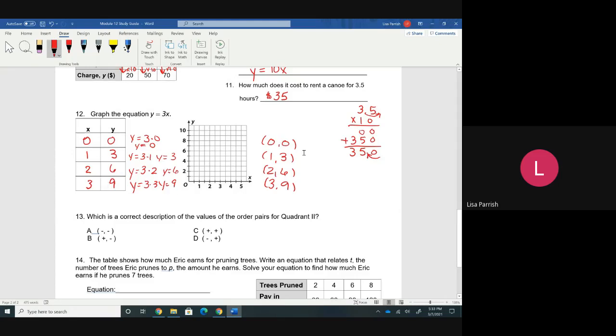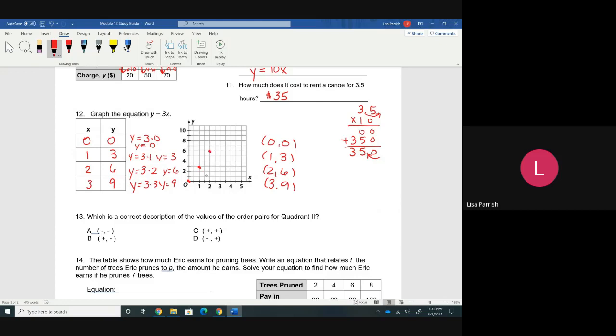So now you would plot those on the graph. 0, 0 just stays right there at your origin. 1, 3, remember, dribble then shoot. So dribble over to 1, go up to the 3. The next one is 2 and 6. Dribble over to the 2. Shoot up to the 6. 3 and 9.